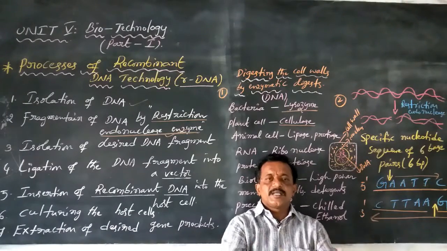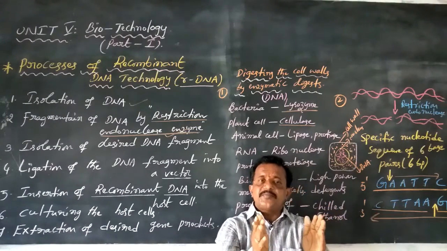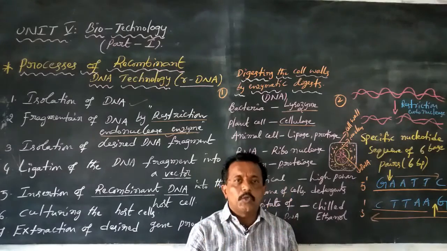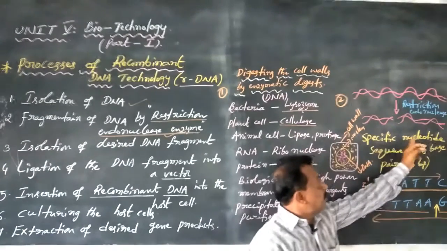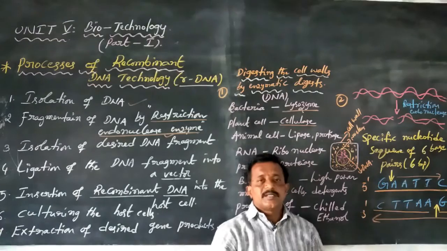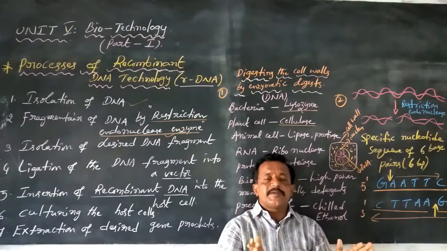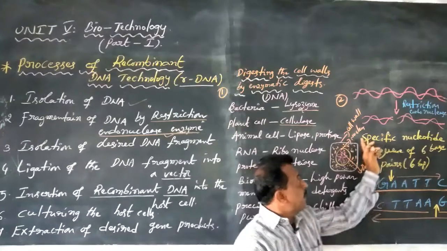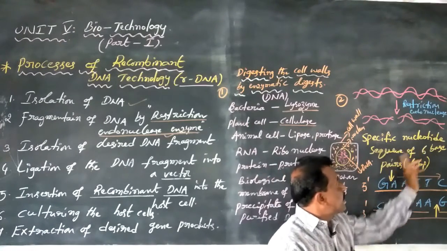Why? Because this enzyme only cuts the DNA molecule at a specific nucleotide sequence of 6 base pairs.